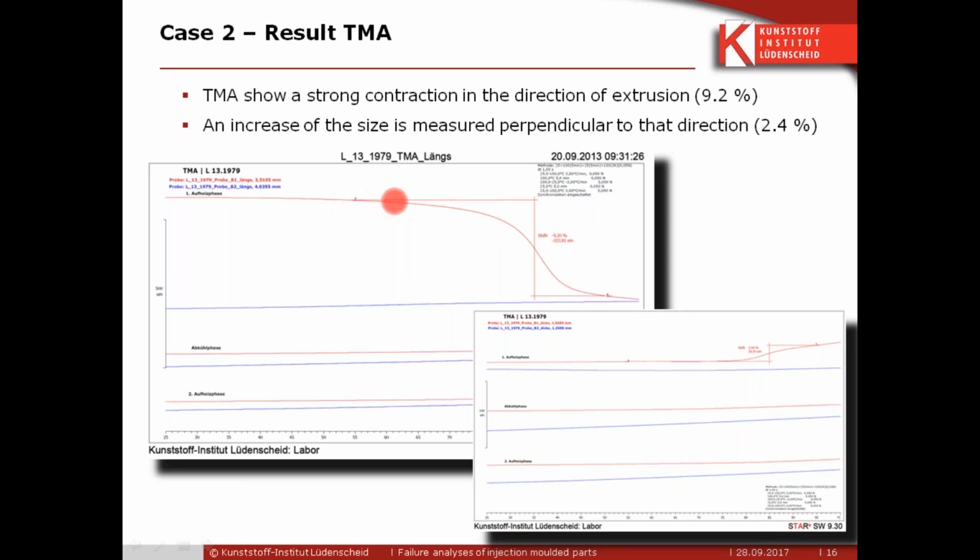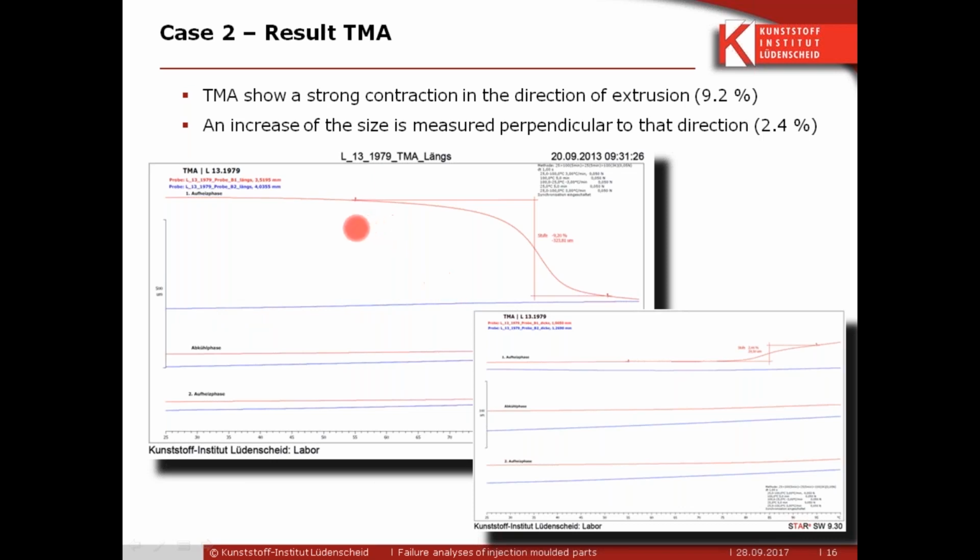That means we can characterize dimensional changes like shrinkage, like the coefficient of linear expansion, and we can also measure the glass transition. Important for this case is that you can prepare the samples directly out of the parts, and you only need very small samples. Only a few square millimeters are enough.